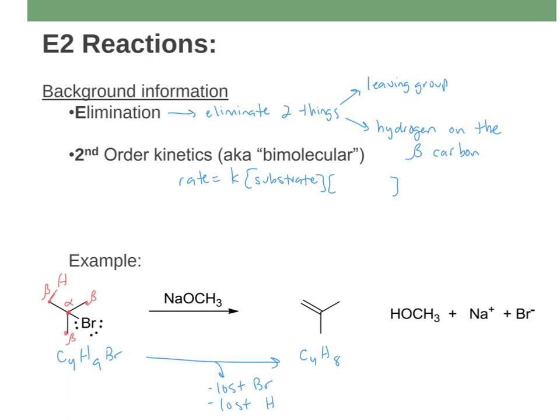But in this case, if I need to remove a hydrogen, the molecules that we use to pick up hydrogens are bases. So we need a strong base. So for these eliminations, you need a strong base. And by strong base, I mean hydroxide or stronger, those nice strong bases. So the other thing in the square brackets is how much base do you have? The more base you have, the faster it goes. The more substrate you have, the faster it goes. So it's bimolecular.